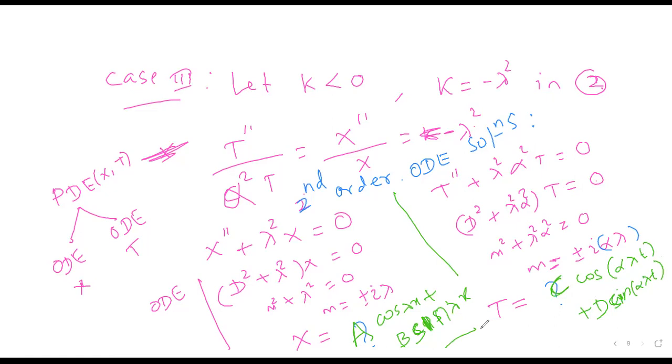Let's say this is my 1, this is my 2. So correct. What about others? Go through the ODE notes also. That is also involved here. So write down these things.